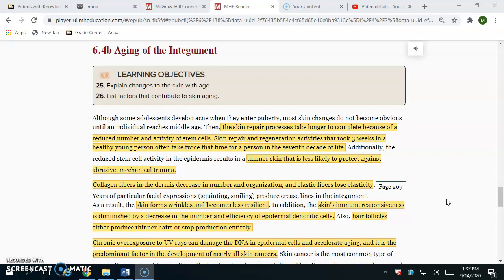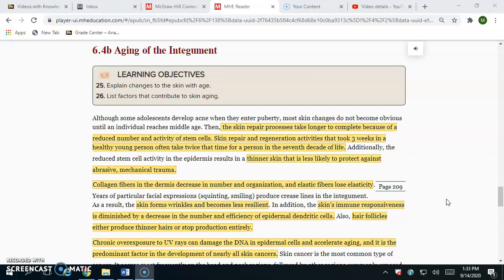People that are exposed to sunlight for long periods of time and often, and they don't wear any sunscreen, not only can have damage to their DNA and be more prone to developing a skin cancer, but all these things that go along with aging, the thinner skin and the slower healing and the wrinkles, seem to come earlier if a person is overexposed to sunlight for longer periods and they don't protect themselves.